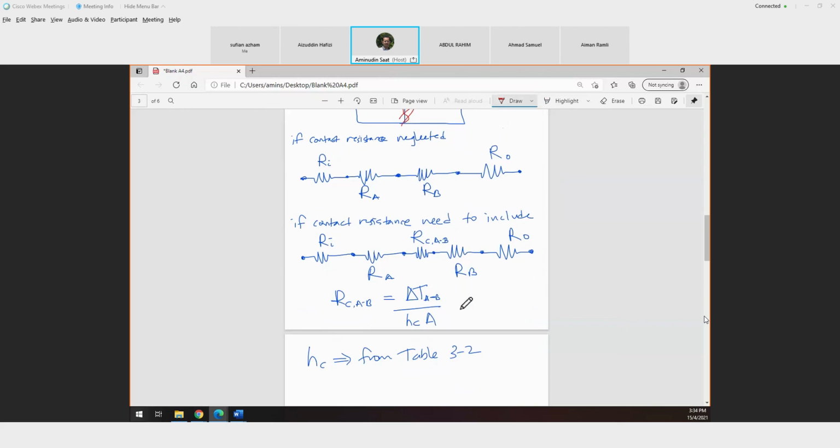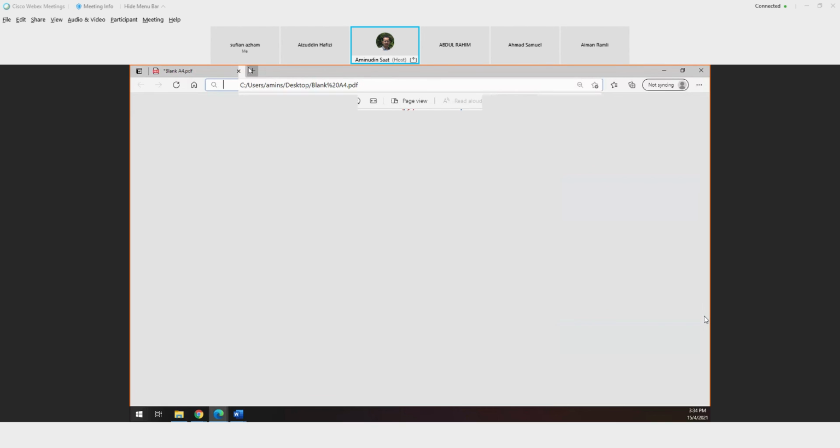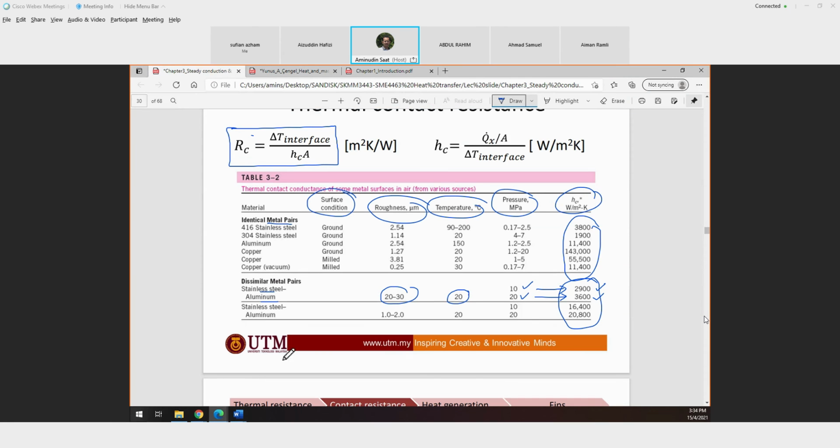Okay, so the tricky part is how to find the hc, because if you look at the hc table, you need to find the hc depending on the surface condition, depending on the surface roughness, temperature, as well as the pressure of the contact. Okay, but this is if you want to consider it. But again, sometimes because the condition is not given, we always neglect it.